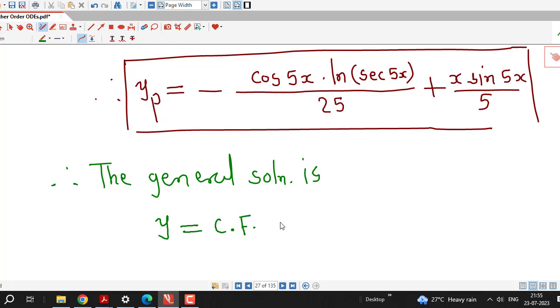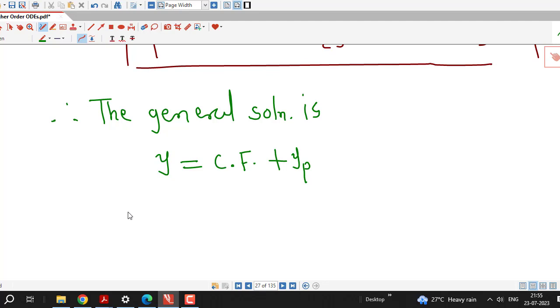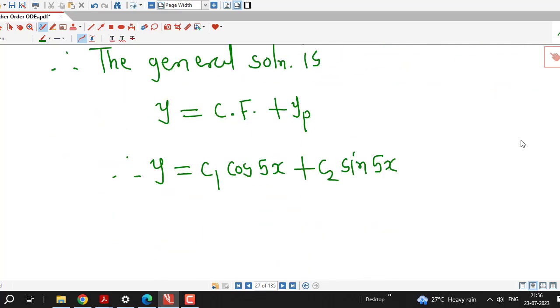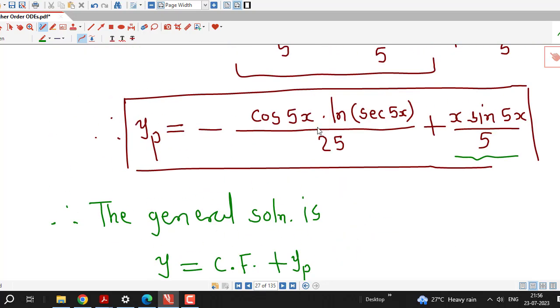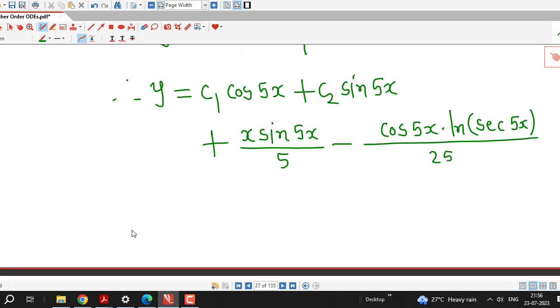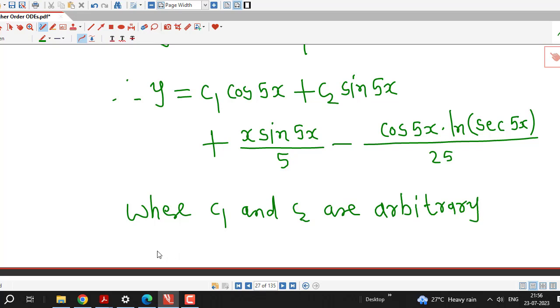Y equal to complementary function plus particular integral, that is yp, and therefore y equals the complementary function, which was c1 times cos 5x plus c2 times sin 5x, plus x sin 5x divided by 5 minus, here I have 25 in the denominator, cosine of 5x into log of sec 5x, cosine of 5x into ln sec 5x, and here c1 and c2 are arbitrary constants.